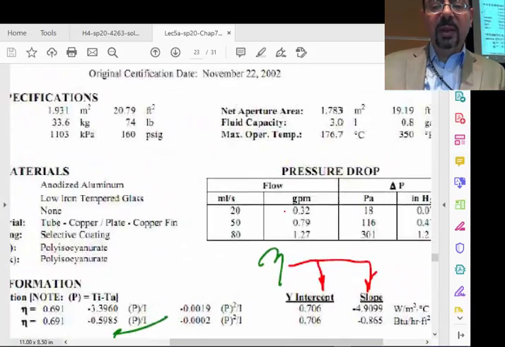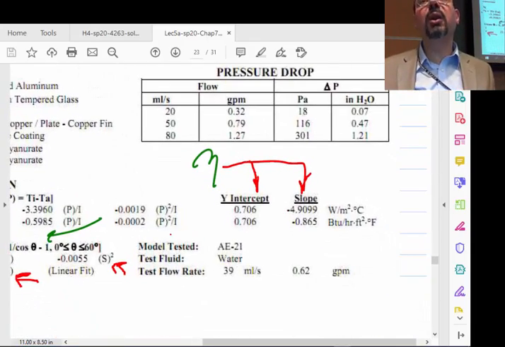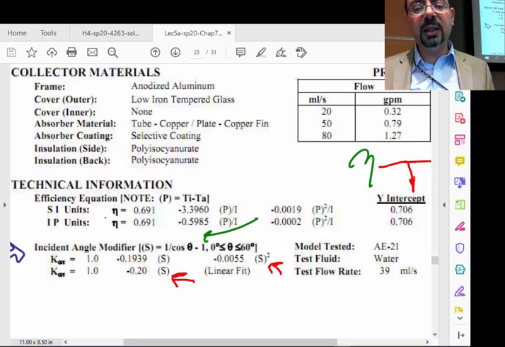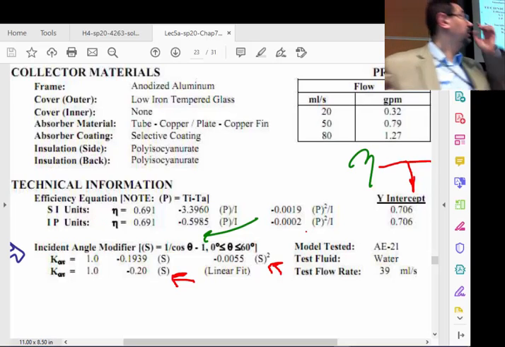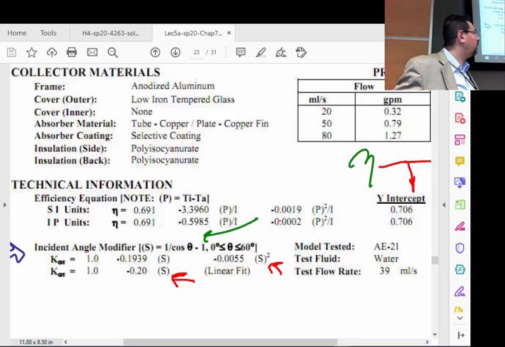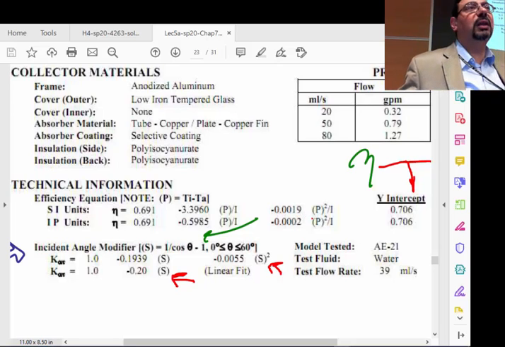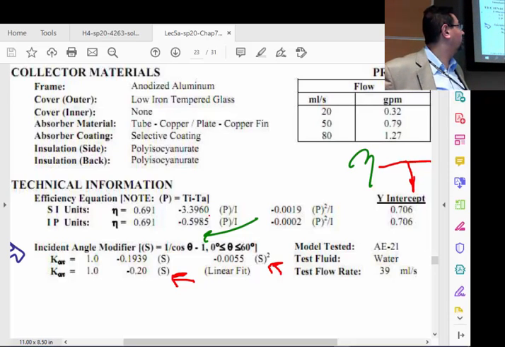So when they give us the intercept and the slope, this is to make our life easier. But if you really want to do a great job, here is a second order equation. But you can tell that this is, what is that? Minus 0.0019. So 2 zeros, and then 19 next to it, and it's multiplied by the P squared over I. What's P squared?